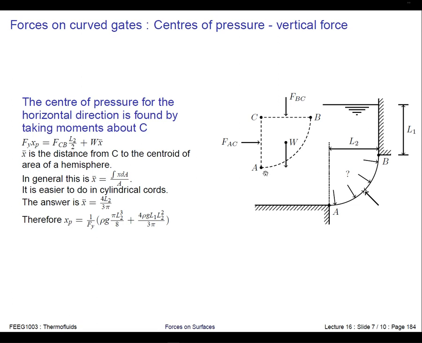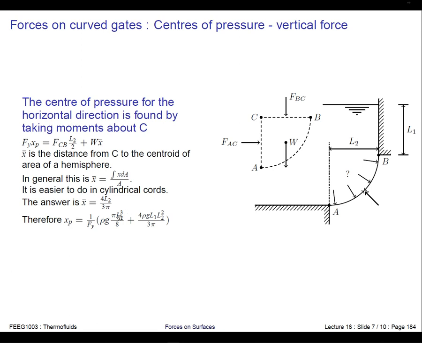It would act on this point here, but because we've only got a quadrant of it, this weight is going to act somewhere nearer C than B, because there's more fluid nearer AB than AC. Okay, so we can work in general. This is the general formula, and to do it for cylindrical coordinates, we can work this out.